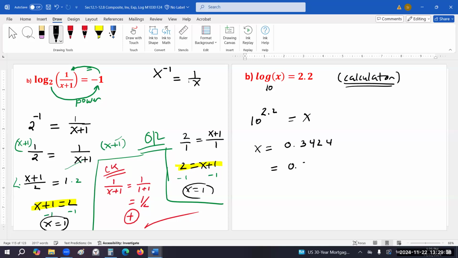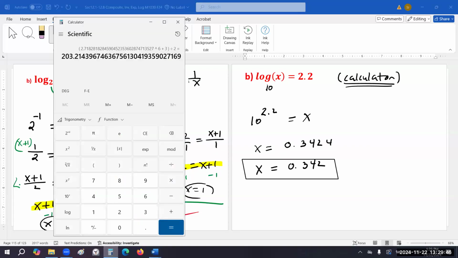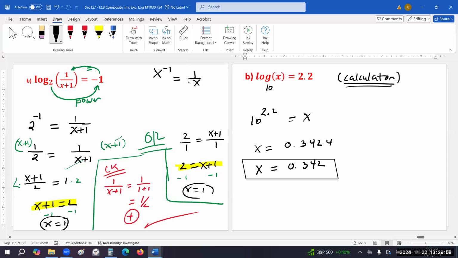So yeah, 0.342. Is it different? Well, 10 to the power of 2, and then 10 to the power 2.2. I got 158.48. Well, yeah. 10 squared is 100. How can I get decimal, Parker?